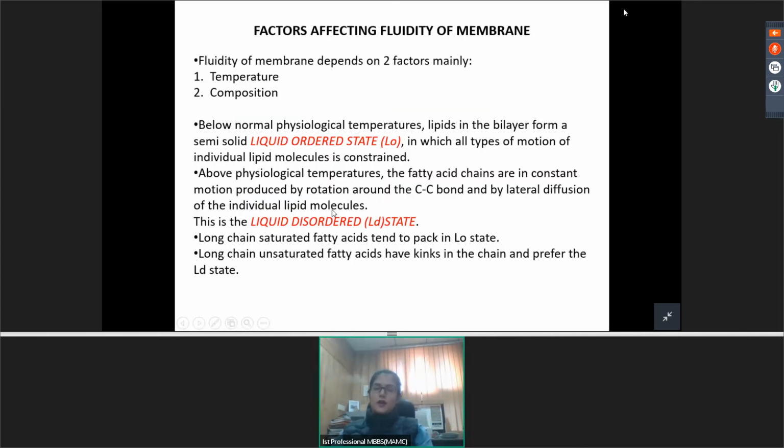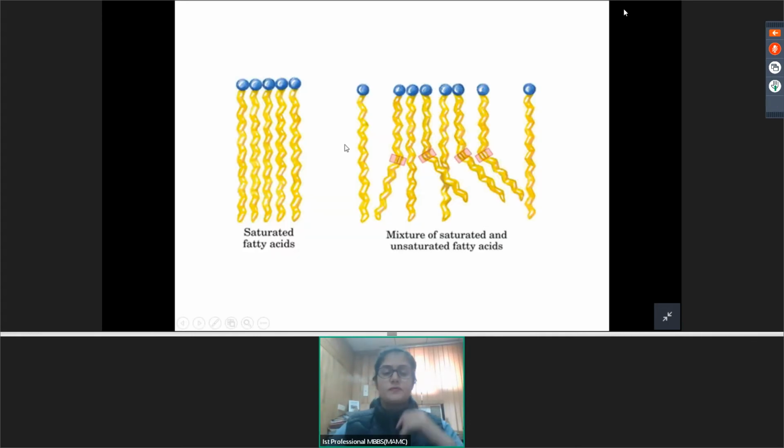You know that there are two types of fatty acids, saturated and unsaturated. Long chain saturated fatty acids tend to pack in the liquid ordered state, whereas long chain unsaturated fatty acids have kinks in the chain and prefer the liquid disordered state. This will become more clear in this diagram. You can see that these are fatty acids. This is a saturated fatty acid, and they are arranged in a compact fashion.